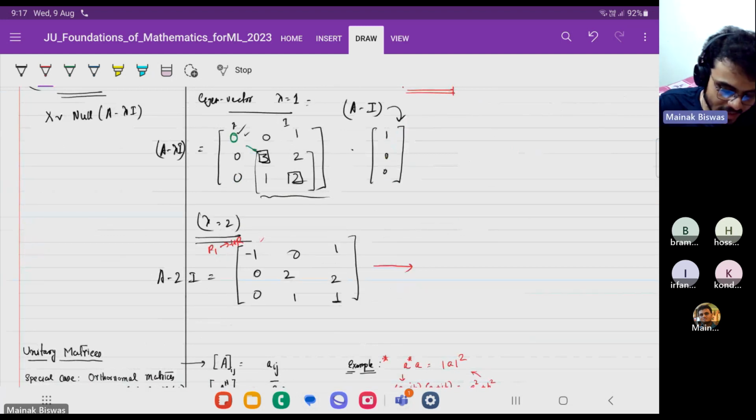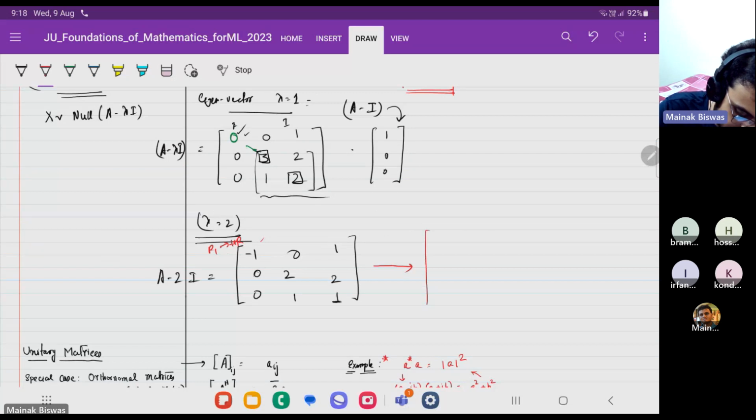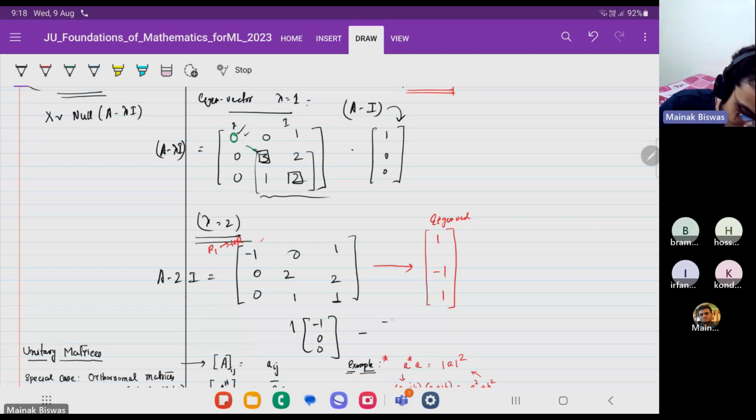But okay, I will do it because it's very simple to calculate. So 1, -1, 1 will be an eigenvector. Why is it an eigenvector? Because you have 1 times -1, 0, 0. Then you will have -1 times 0, 2, 0 plus 1 times 1, 2, 1, right?